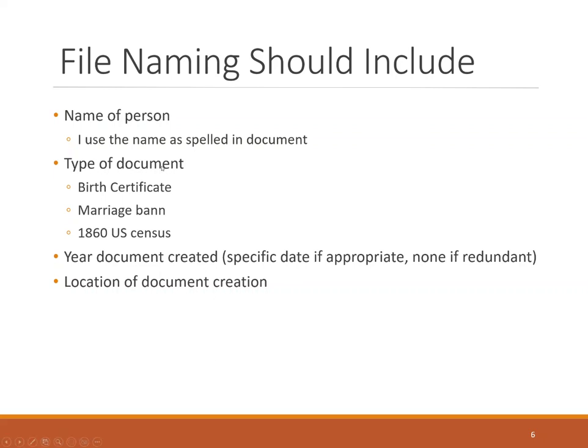Then the type of document, I showed you census or pension files, and the year the document was created, if that makes sense. That pension file was over a range of dates, so I think Civil War pension file was good enough to identify it, and then the location of the document creation. Do the best you can of what you have available for these things.